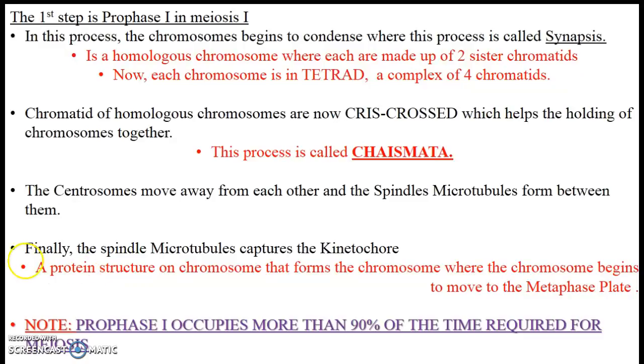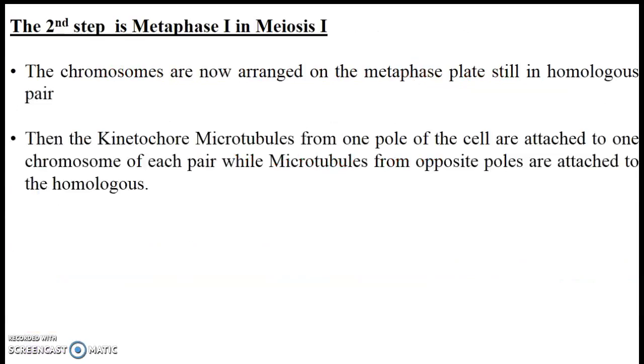Finally, the spindle microtubules capture the kinetochore, a protein structure on the chromosome, and the chromosomes begin to move to the metaphase plate. Important note: prophase 1 occupies more than 90% of the time required for meiosis.